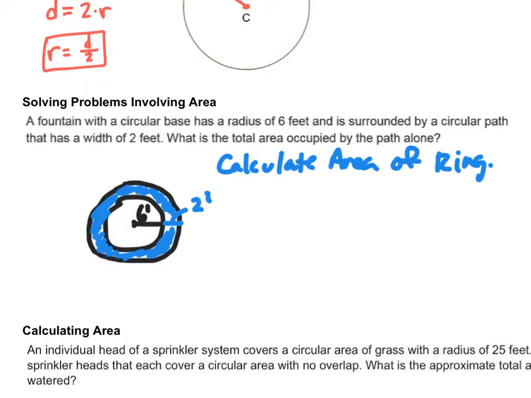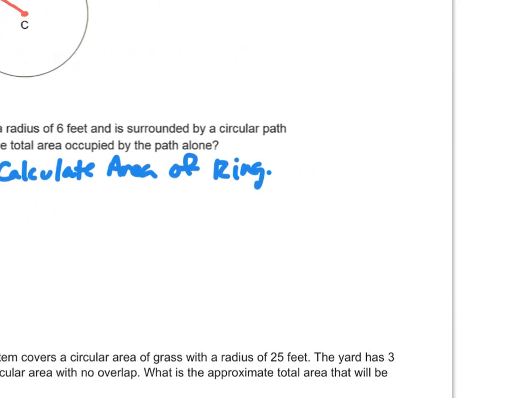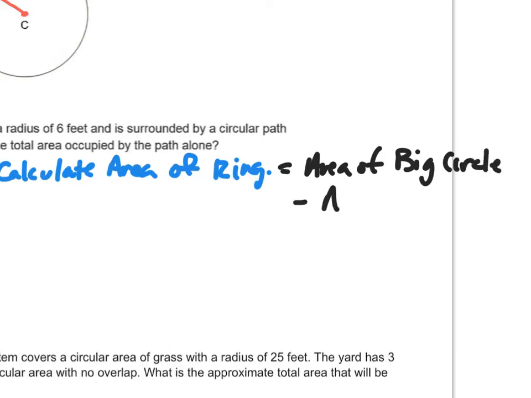So to calculate the area of the ring, that would be equal to the area of the big circle minus the area of the small circle. That leaves me with what's in between.